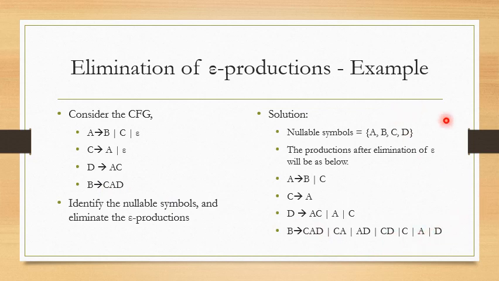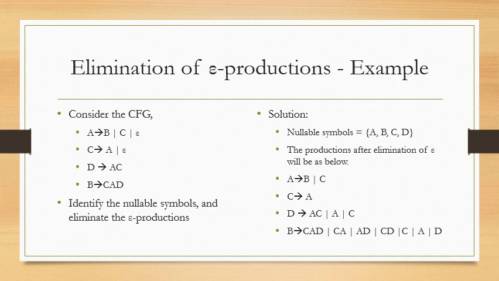This is how you can eliminate the epsilon productions. So you have to identify the nullable symbols directly and also through many steps. And after that, for the nullable symbols you substitute epsilon and write the various combinations on the RHS.